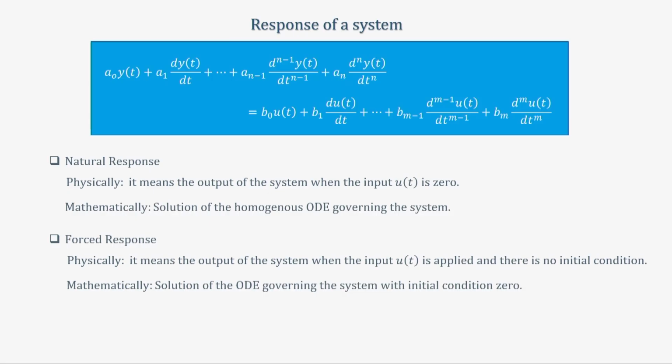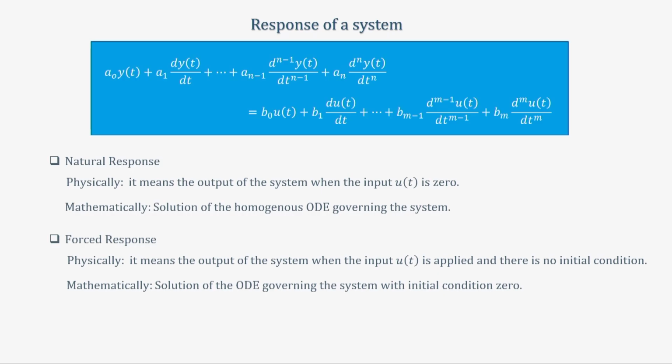Like in natural response, when you had u(t) equal to 0, you had some non-zero initial conditions, and solving that is equivalent to solving the homogeneous differential equation. In case of forced response, while solving the ODE, we consider the initial conditions to be 0, however, the input is non-zero in this case.